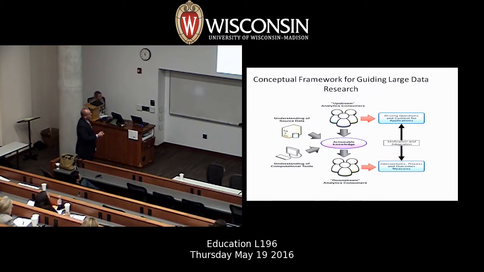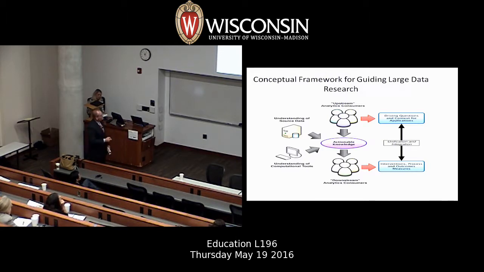And if we look at this diagram, the inputs into actionable knowledge are the researchers. But when we talk about large data, it's understanding the data source, having a good comprehensive knowledge about the data source that's being used, and then also understanding the computational tools or the analytics that can be used to extract the data from the large data set.